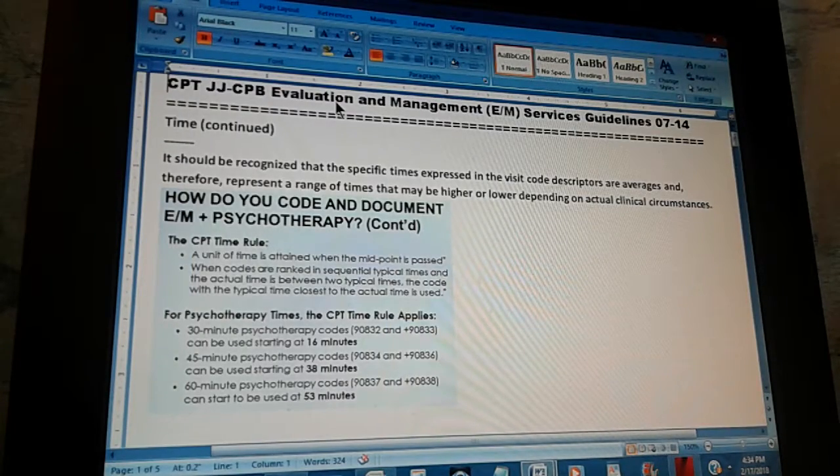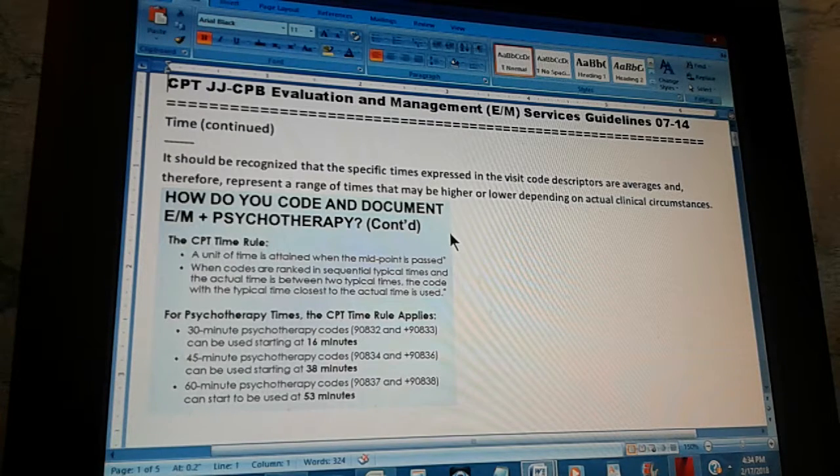CPT JJ-CPV Evaluation and Management E&M Services Guidelines, page 7, part 14. Time continued. It should be recognized that the specific times expressed in the visit code descriptors are average and, therefore, represent a range of times that may be higher or lower depending on actual clinical circumstances.